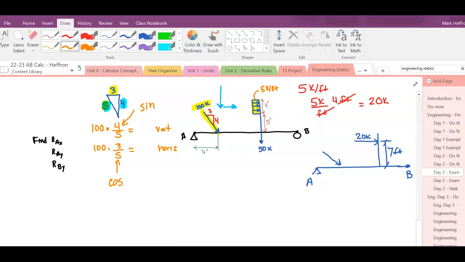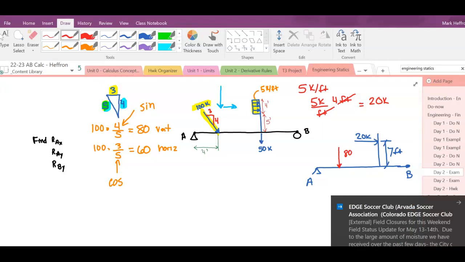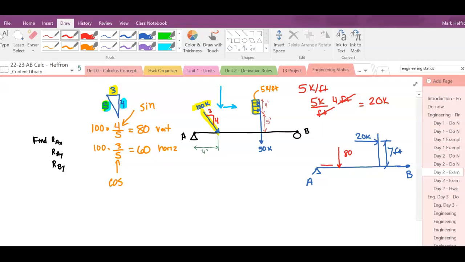So 100 divided by 5 is 20, so this is going to be 80, and this is going to be 60. So we're going to replace this diagonal force with what it was. Now we can say it's 80 going down and 60 going horizontally to the right.